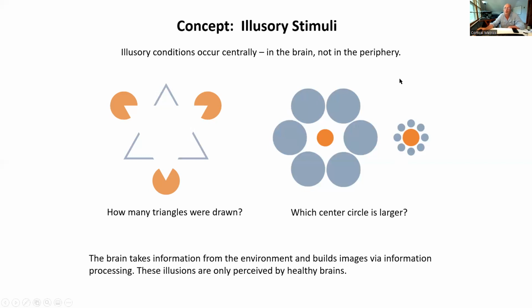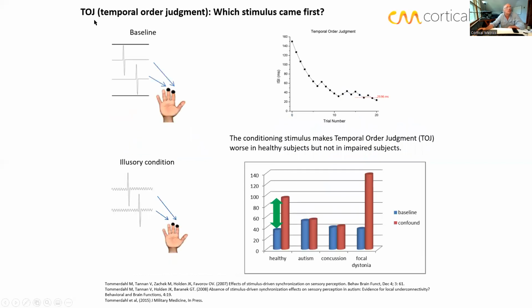I'm going to show you why it is a connectivity score. Temporal order judgment, again, we've talked about what it is. The baseline test is where you give a tap and then another tap, and then say which one came first. Most people can usually feel this around 25, 30 milliseconds with no problem.